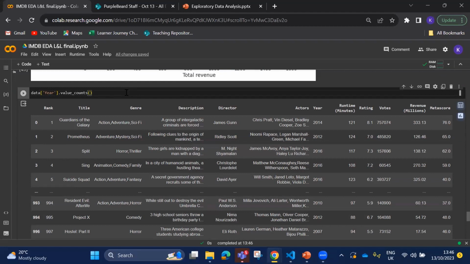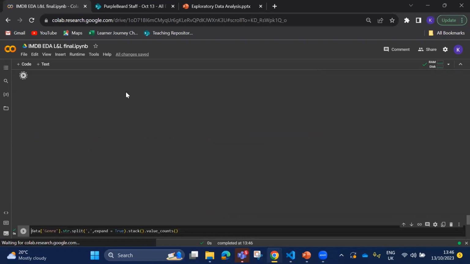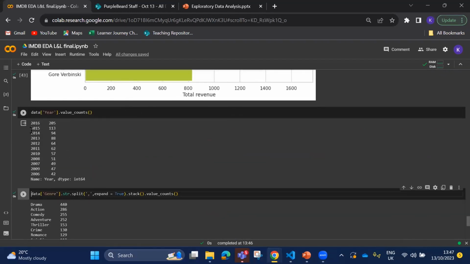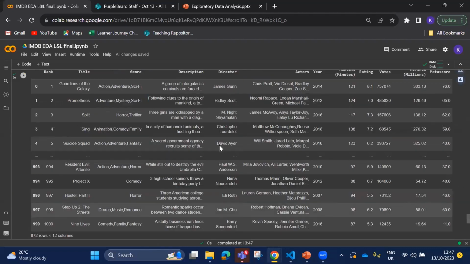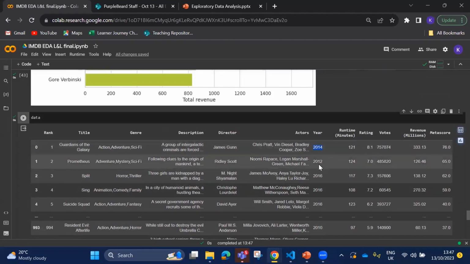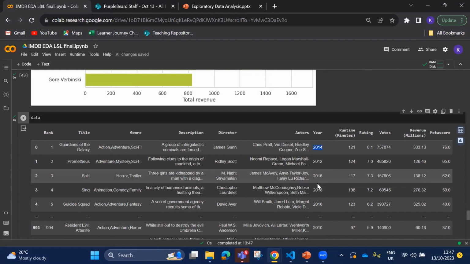So I'm going to take each year and calculate the number of movies wherein you observe 2016 in that row, because that will tell me how many movies were made in that year. So this is the data 2014, 2012, 2016. I'm calculating how many movies in 2016, how many movies in 2012, every year. If you take the year column, these are the unique years in my data, right?